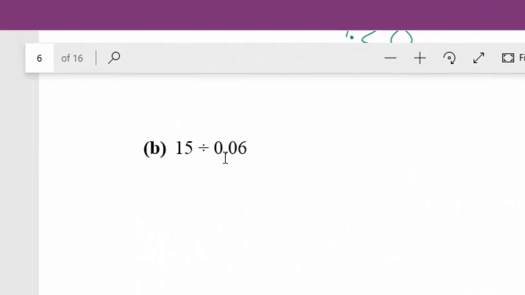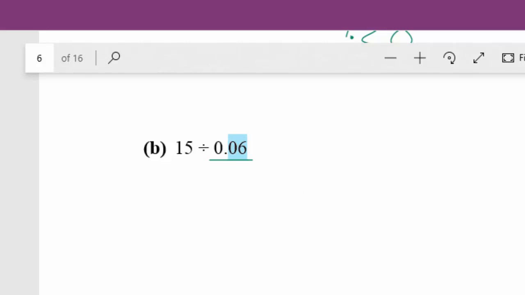15 divided by 0.06. Whenever you have division of decimal numbers, the best way is to change them to whole numbers, sometimes both parts are decimal. How? Look at it. How many numbers are after the point? Here we have 2 numbers after the decimal point.